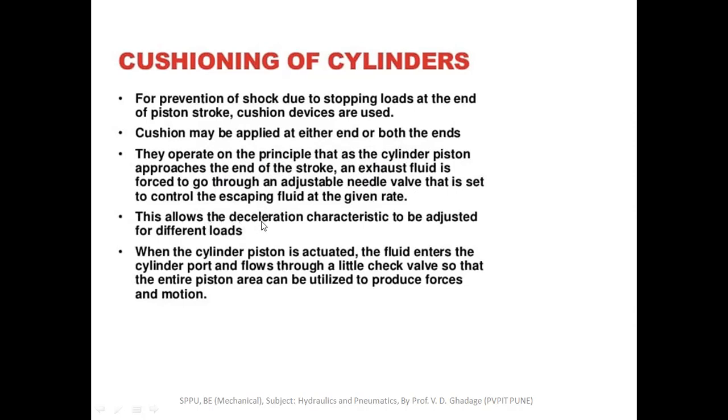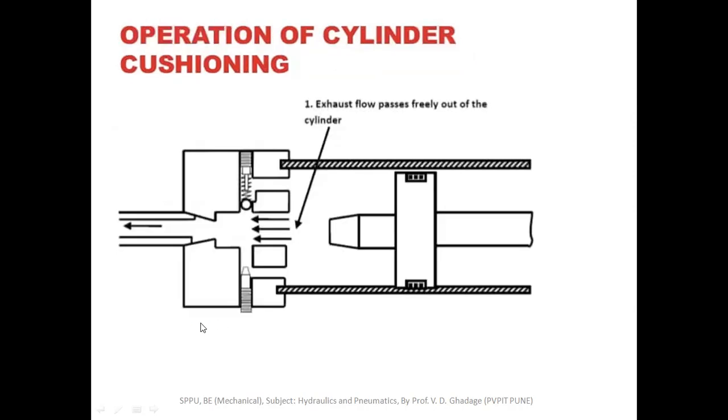This allows the deceleration characteristic to be adjusted for different loads. When the cylinder piston is actuated, the fluid enters the cylinder port and flows through the return check valve so that the entire piston area can be utilized to produce force and motion.